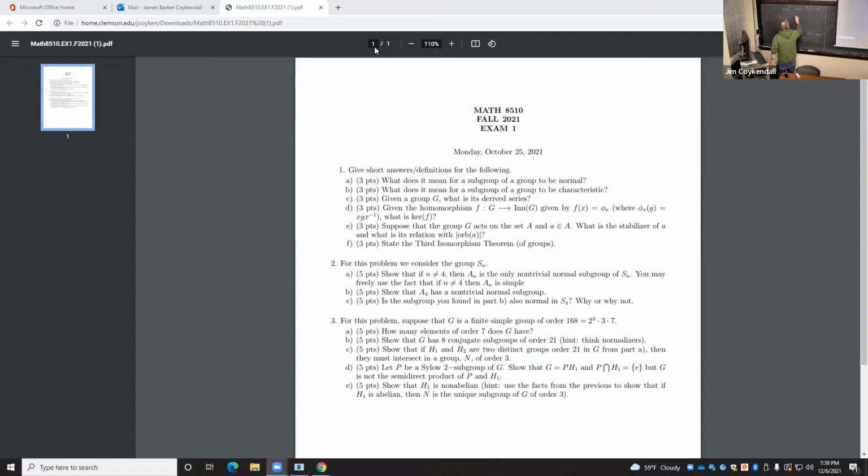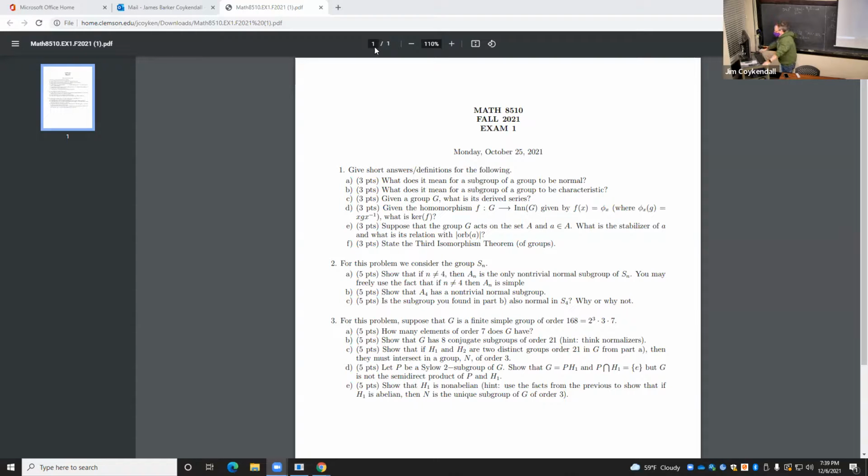So in particular, G is PH1, but it's not the semi-direct product, because neither of those pieces is normal, since we're assuming G is a simple group, so none of the proper subgroups P or H1 can be normal.